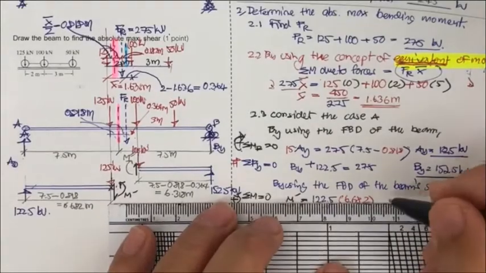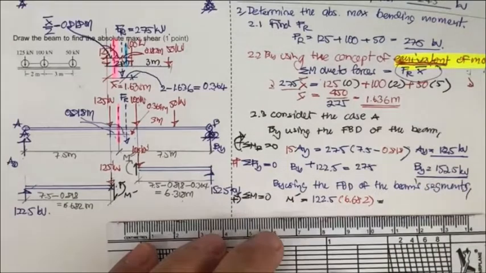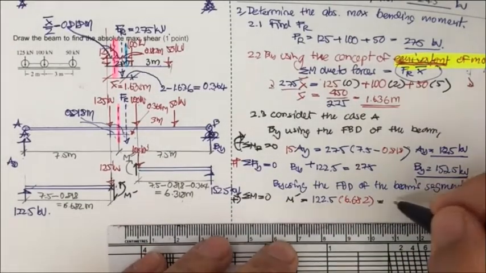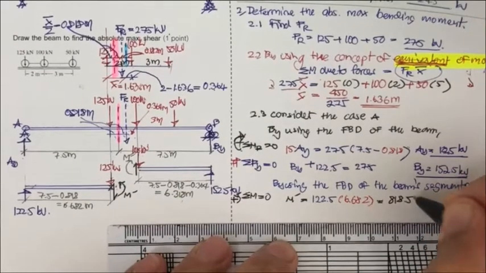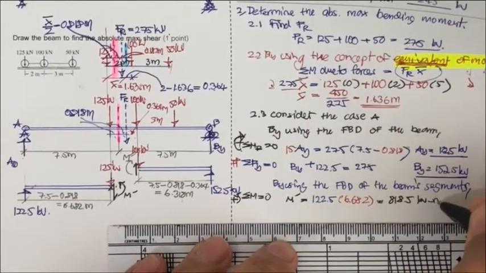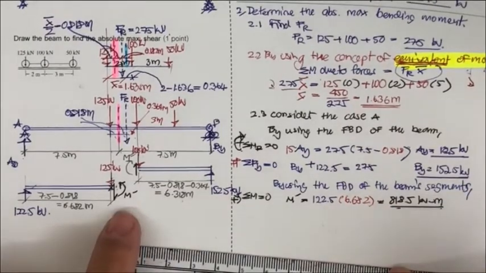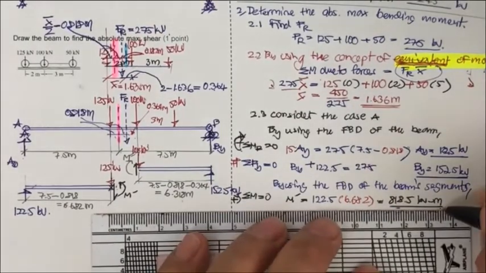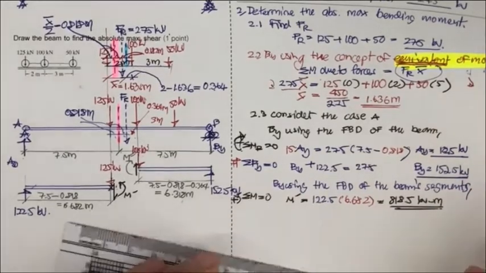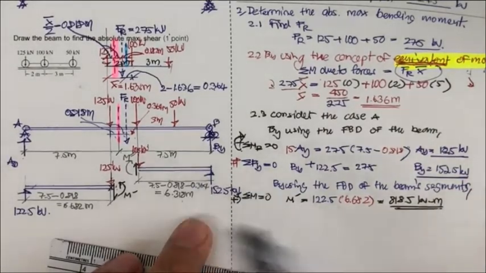Just put it into your calculator, pause the video, you will get 818.5 kilonewton meter. This is going to be 818.5.